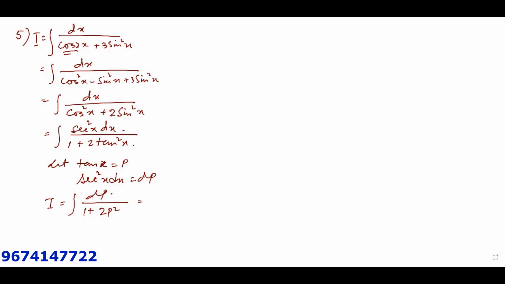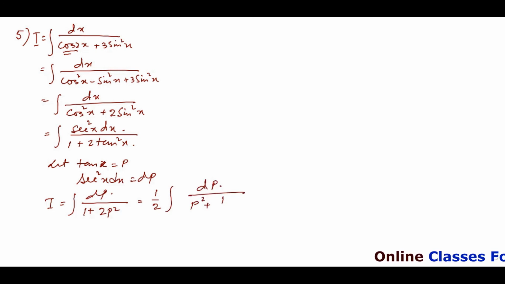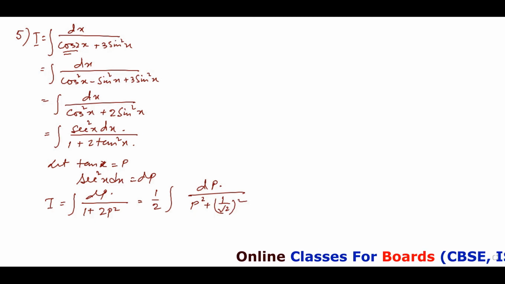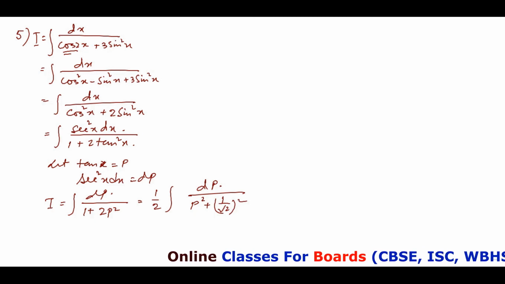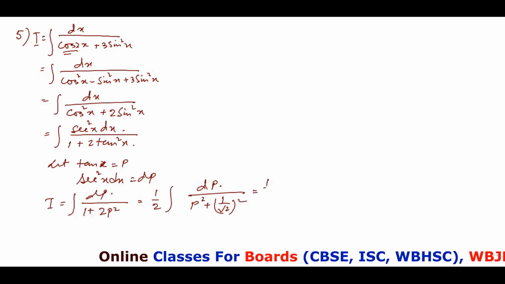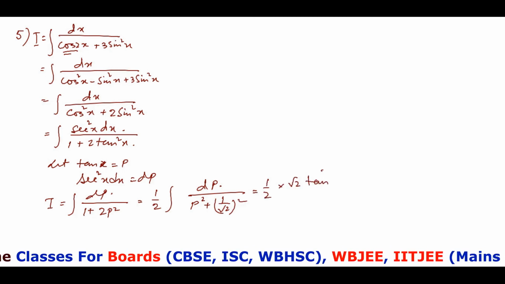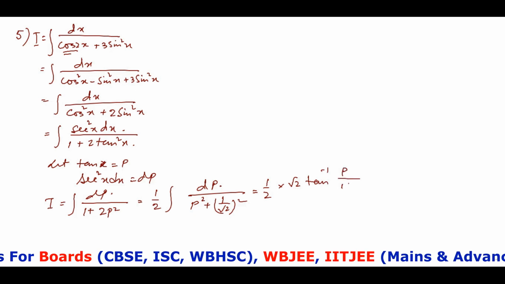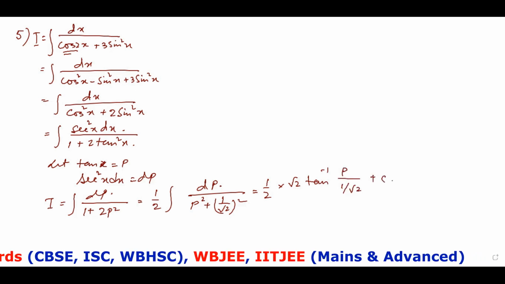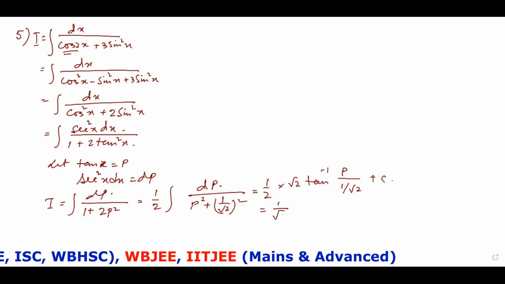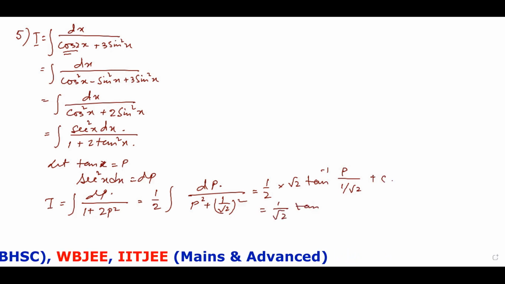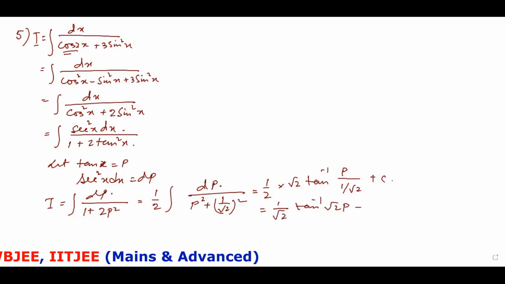You can take half common, so it will be basically p square plus 1 by 2, which is the same as 1 by root 2 whole square. Now it is the dx by x square plus a square formula. So that is basically 1 by a tan inverse x by a. Is it clear? So we are having basically 1 by root 2 tan inverse root 2 p plus c.